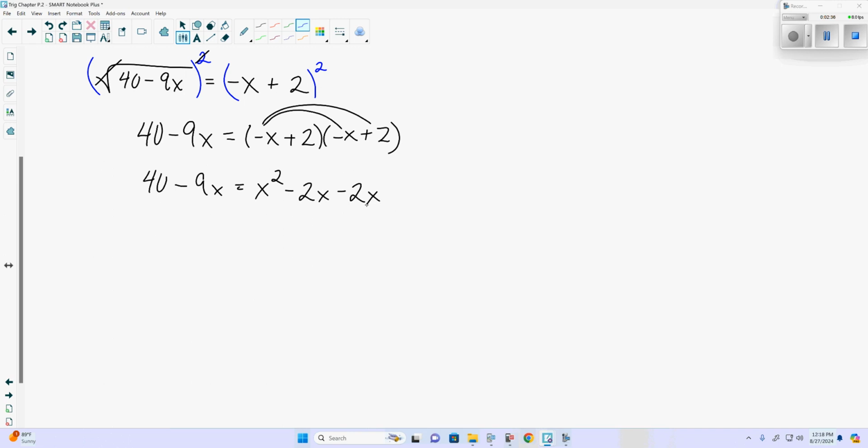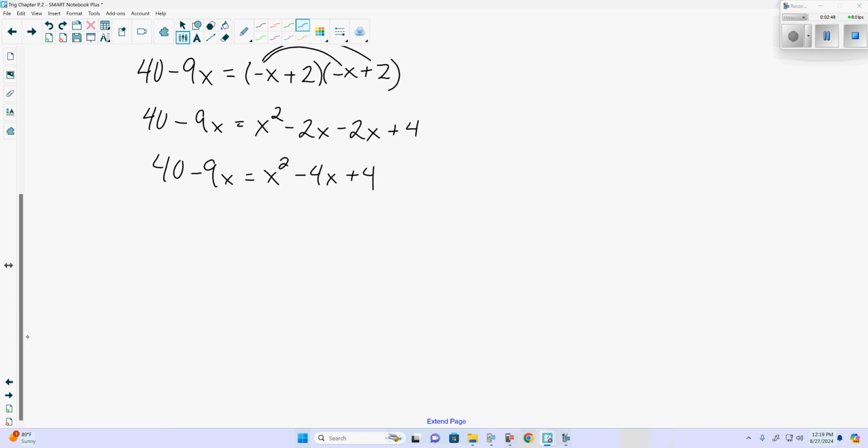And 2 times 2 is 4. So we combine like terms, we get x squared minus 4x plus 4. So 40 minus 9x is equal to x squared minus 4x plus 4.